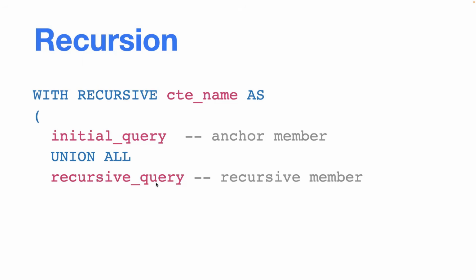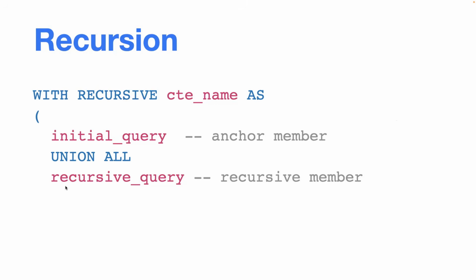So this query refers to the CTE name and uses the value from the previous query. So initially you have the initial query, then the recursive query gets executed, which uses the value of the initial query. Then the recursive query gets executed again, and this time it uses the new value that was created. The last value is always used to generate the next value.